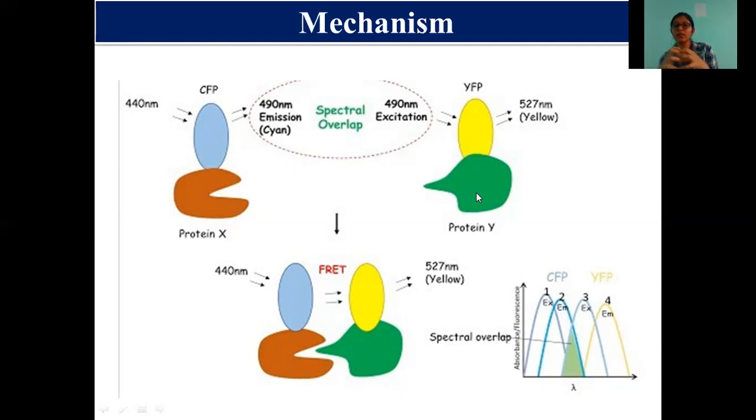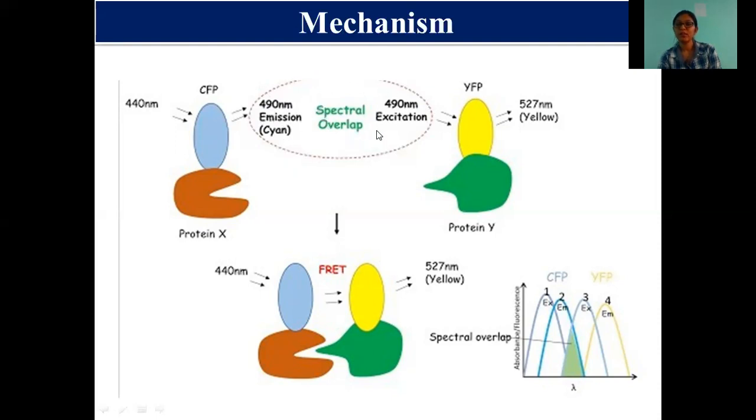Once the proteins come close together and interact with each other, the fluorescent molecules labeled on the respective proteins also come close to each other. Here you can see that the emission wavelength of CFP, that is 490, is the absorption wavelength of the YFP. So here you get the overlapping spectrum.